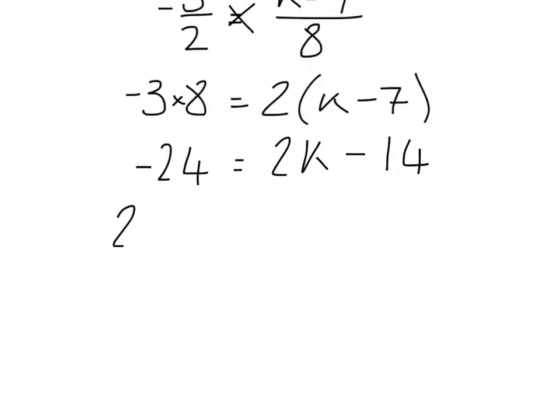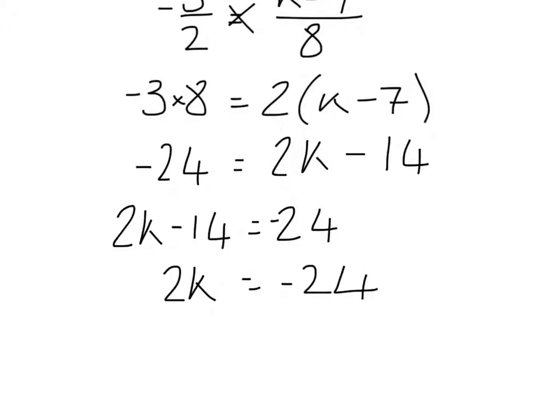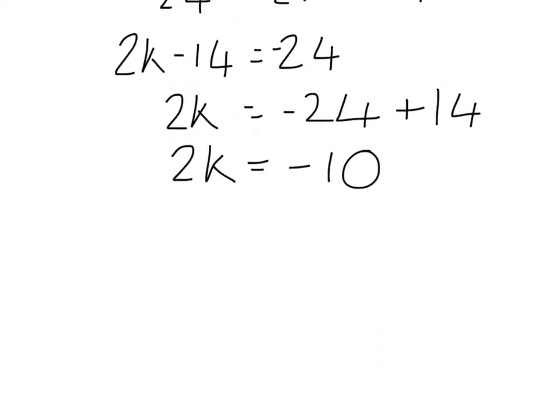So write that the other way around: 2k minus 14 equals negative 24, which means 2k equals negative 24 plus 14, which means that 2k equals negative 10, which means that k equals negative 5. That's what we're trying to do for part a and the answer to that part.